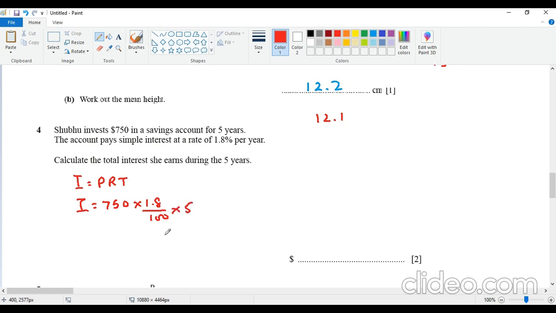To make it simple, 1.8 times 5 gives us 9 over 100 times 750. So 750 is multiplied by 0.09. So it's going to give us 67.5, which is going to be your right answer.